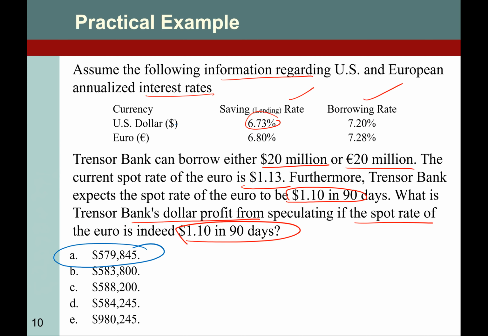So that's why you invest in dollars, because the dollar is going to appreciate after 90 days. You borrow where the currency is depreciating. So that's why you borrow from the European bank, because it's going to depreciate. So your savings minus borrowing is your profit.